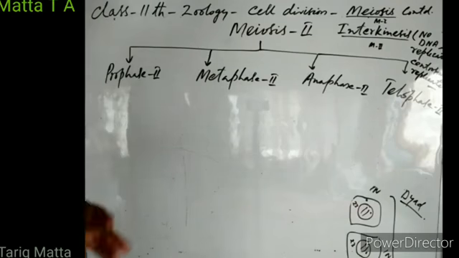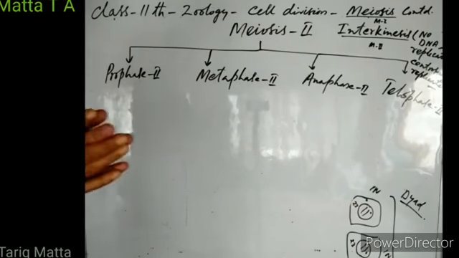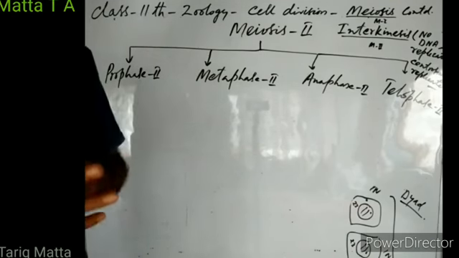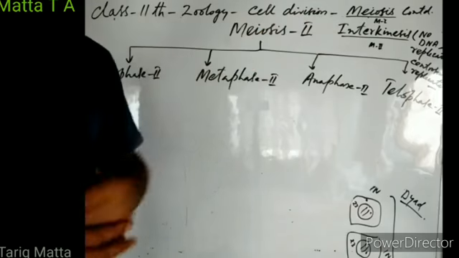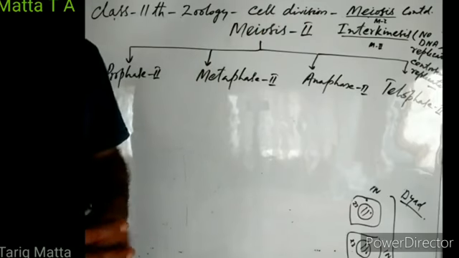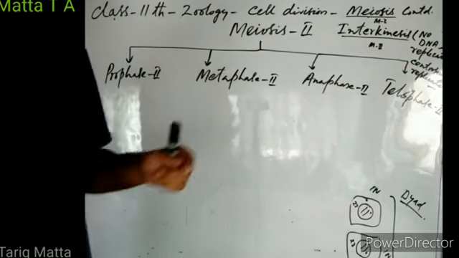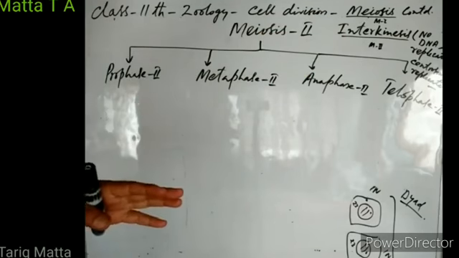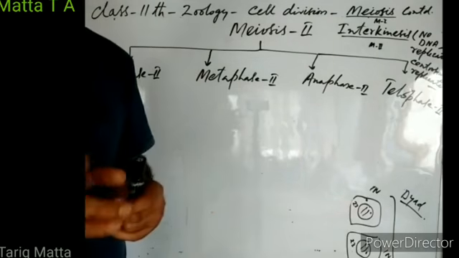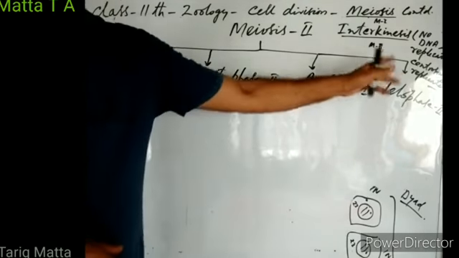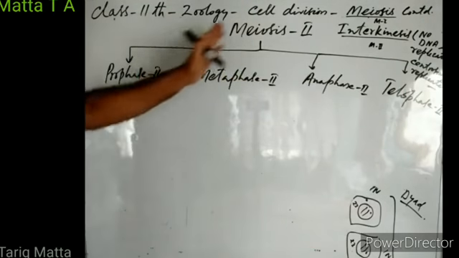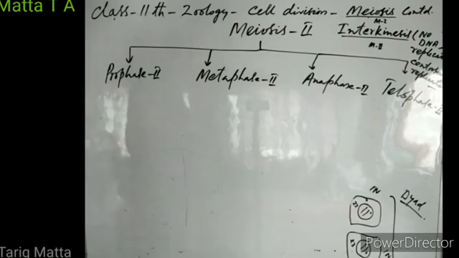So in between meiosis first and meiosis second, there is a brief resting period in animal cells, known as interkinesis or intermitosis. The centrosomes replicate, and they will form the spindle in meiosis second.